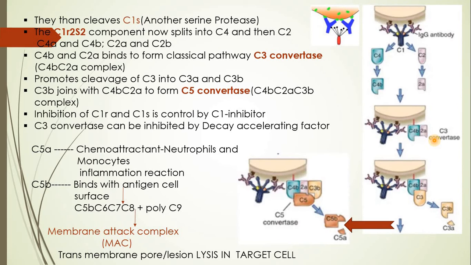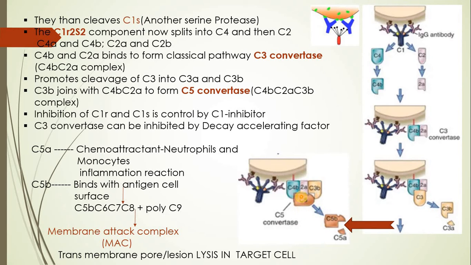Now this C3 convertase will enable the cleaving of the next complement, which is called C3. Now C3 will get cleaved into C3A and C3B. C3B is the larger component, C3A is smaller. So the smaller C3A fragment will be released as it is, whereas C3B will get associated with the C3 convertase, which is composed of C4B and 2A, resulting in formation of the next active enzyme, which is called C5 convertase, consisting of C4B, C2A, C3B.